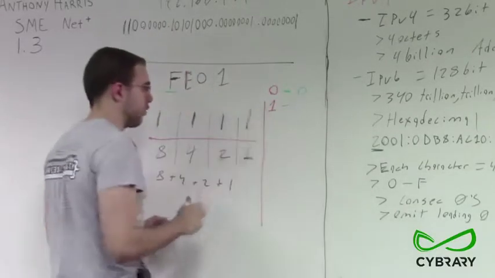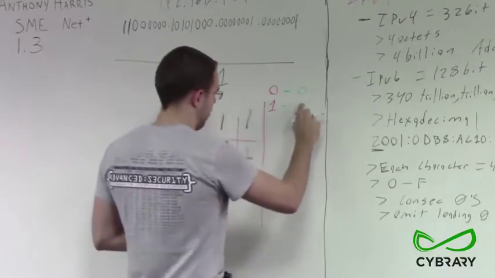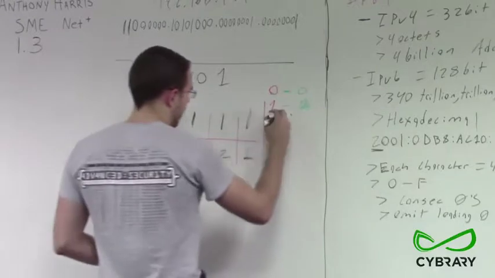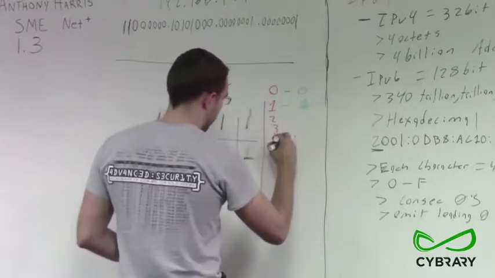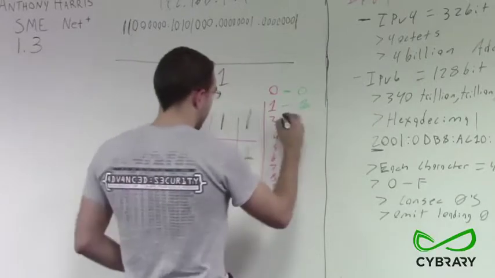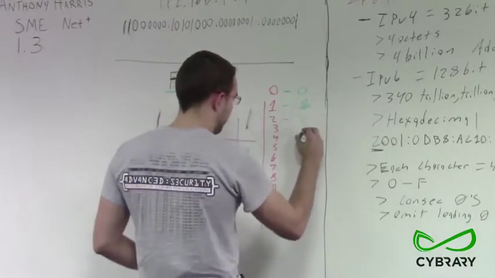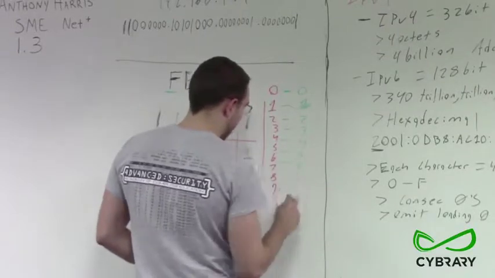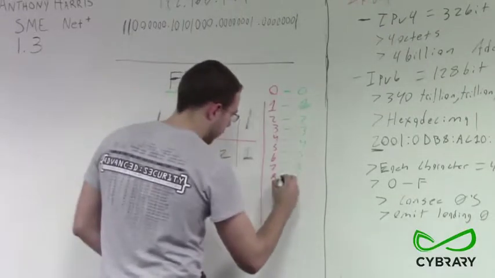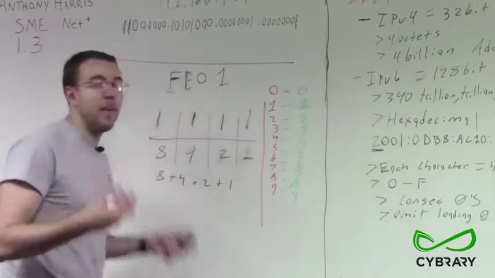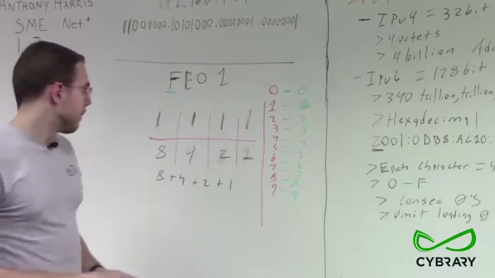If a binary value comes out to 1, the hexadecimal character will be 1. Then on to 2, 3, 4, 5, 6, 7, 8, 9. These all correspond directly to their corresponding numbers. Binary value in red corresponds to the hexadecimal output in green.